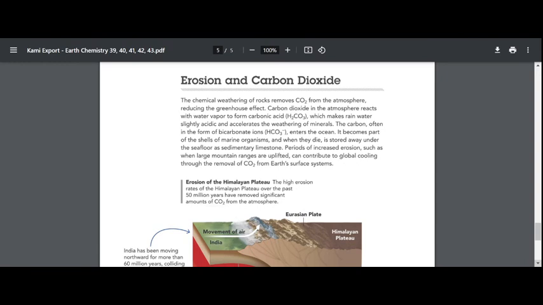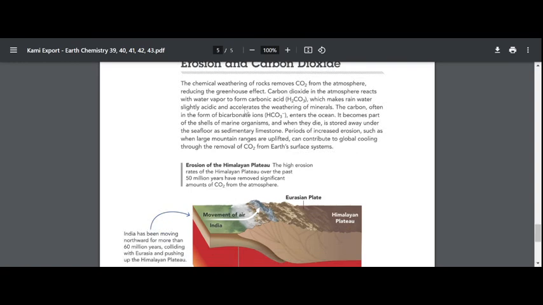Periods of increased erosion, such as when large mountain ranges are uplifted, can contribute to global cooling through the removal of CO2 from Earth's surface systems. So again, over here we have the erosion of the Himalayan plateau. The high erosion rates of the Himalayan plateau over the past 50 million years have removed significant amounts of CO2 from the atmosphere.